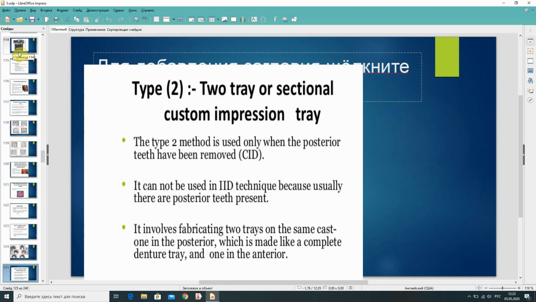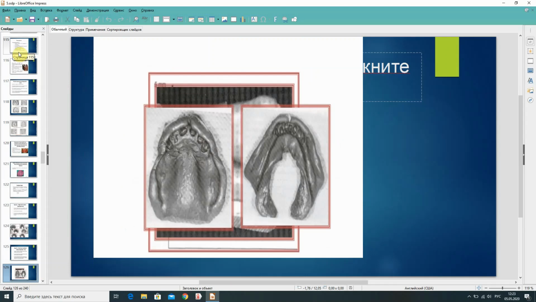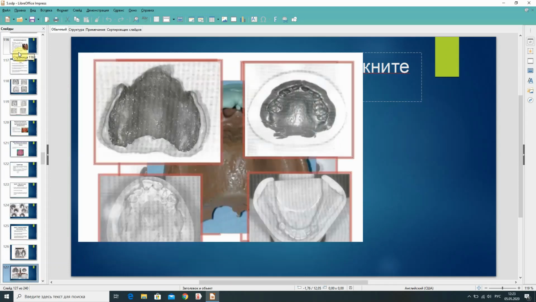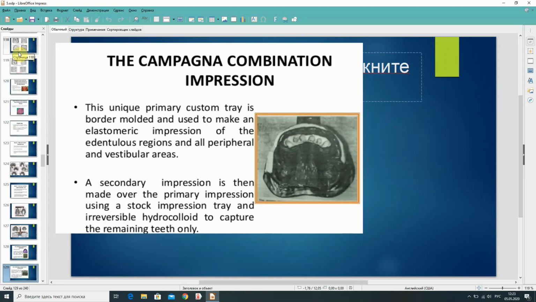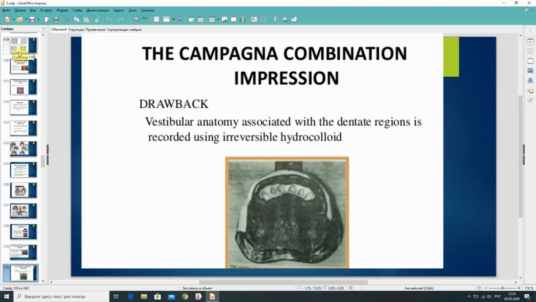Type 2: two tray or sectional custom impression tray. And the combination impression.